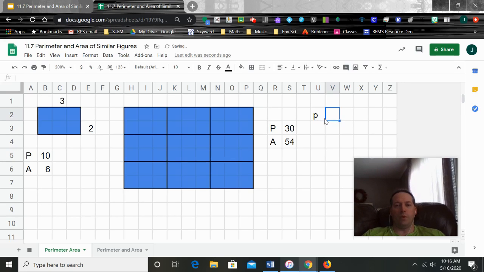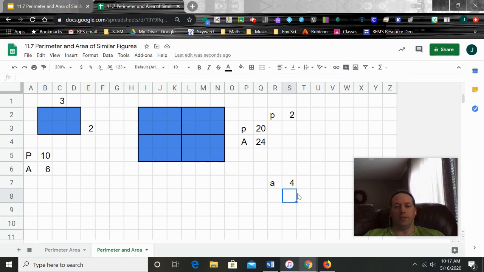We multiplied it by 3 times. So 30 divided by 10 happens to be 3. Okay. Now let's do the area. Oops, helps if I put an equal sign in. 54 divided by 6 equals 9. So is there a connection between 3 and 9? As well as a connection between 2 and 4.